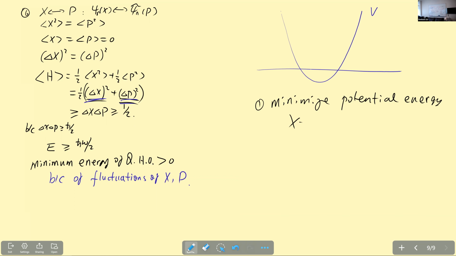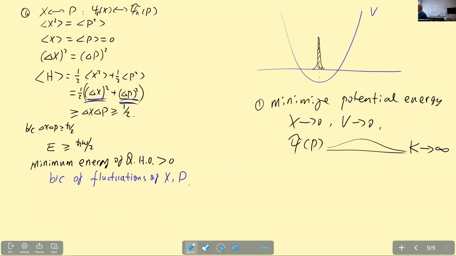Of course, you want x to go to 0, so that means you should have a wave function that goes like this. In this case, V goes to 0. But then, if we do the Fourier transform of this one, this will be very broad, because a narrow function in real space will give you a broad function in momentum space. So that means the kinetic energy goes to infinity. So this is not good.